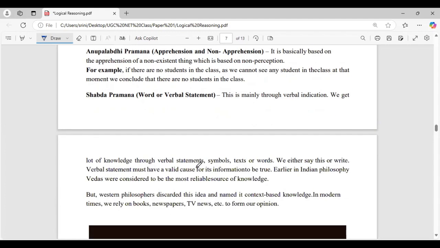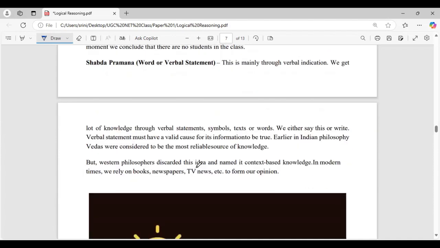Then Shabda Pramana, knowledge through words. Mainly through verbal indication, we get a lot of knowledge through verbal statements, symbols, text, or words. We either say this or write. A verbal statement must have a valid cause for its information to be true.